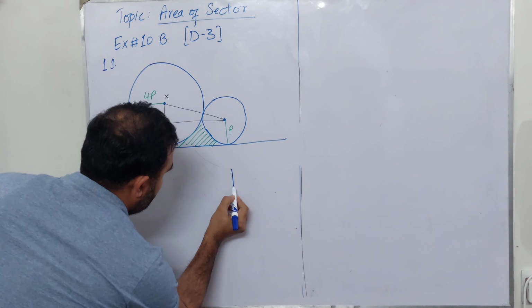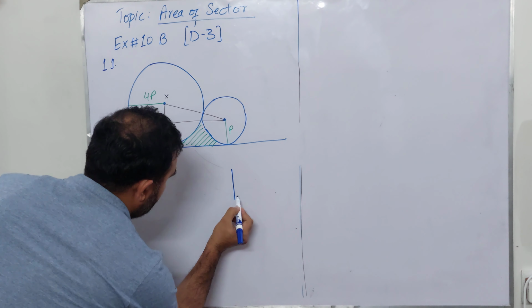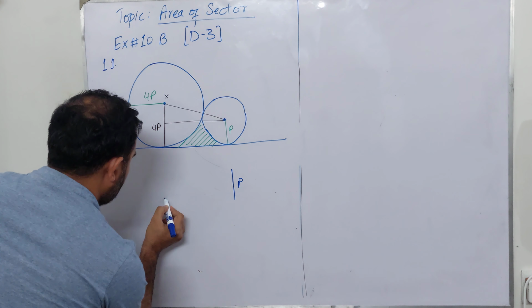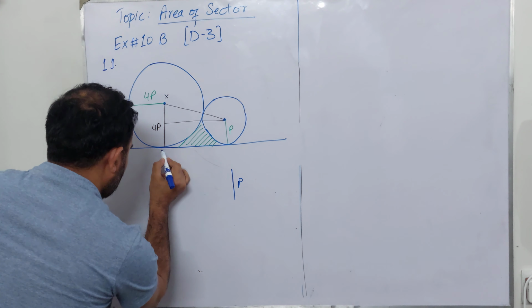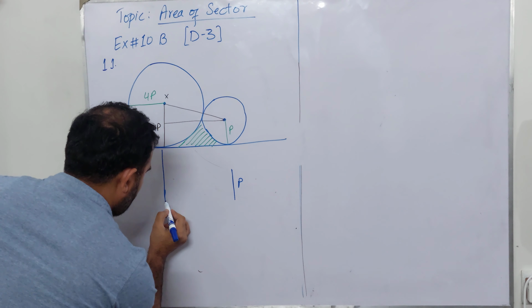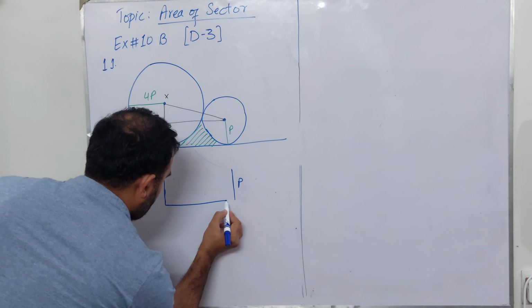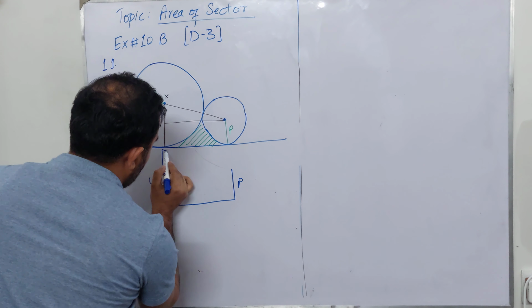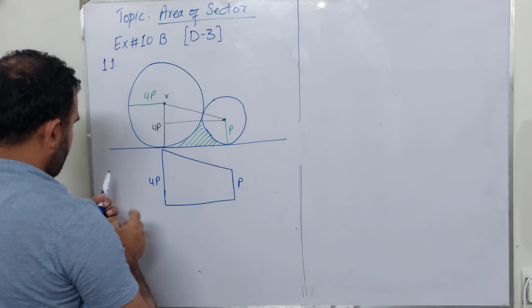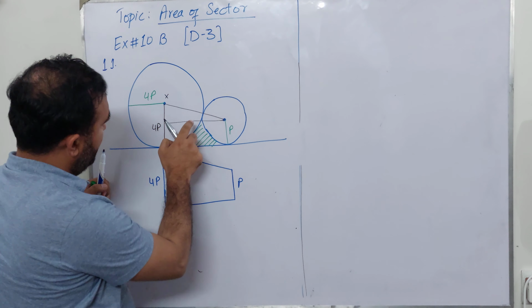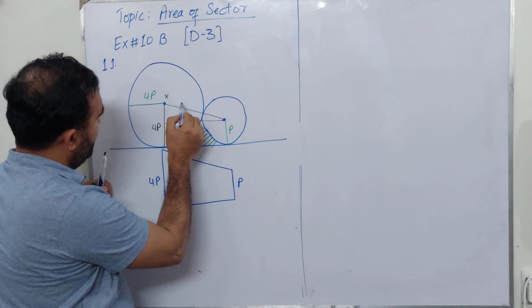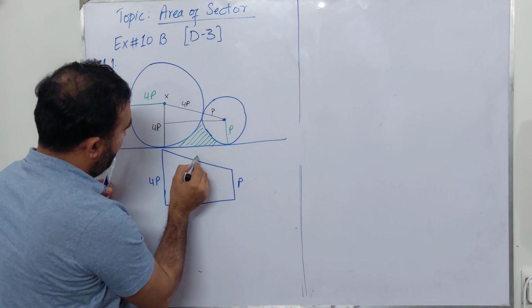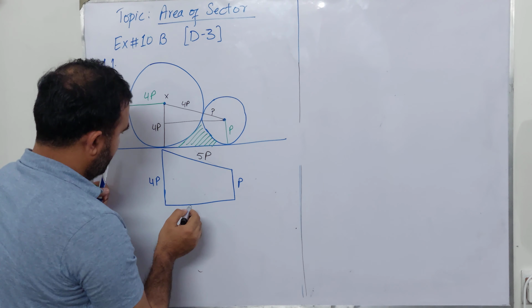So this is p, and this one is 4p radius, and this is again a radius from here to here, so it's 4p, and this is p, so that became 5p, right?